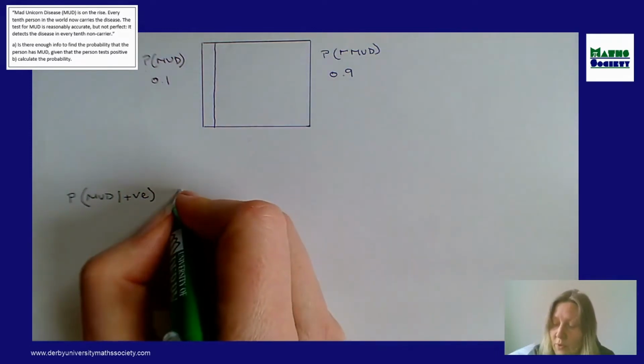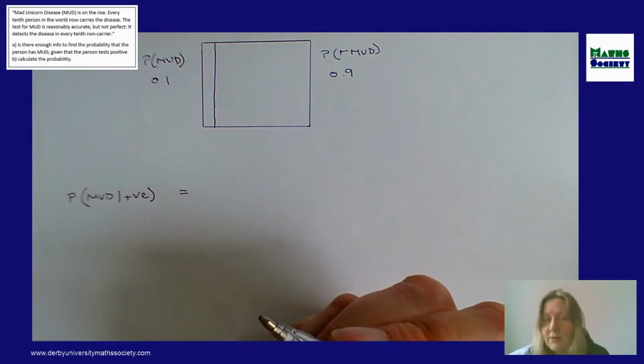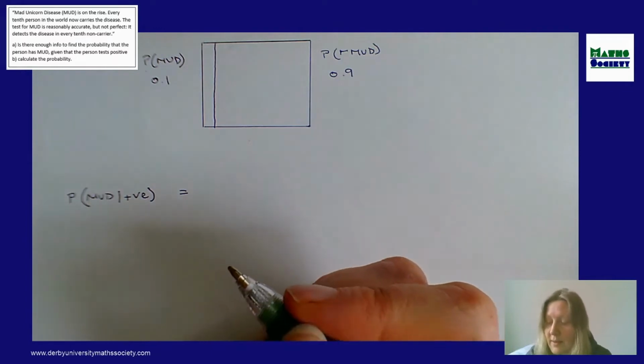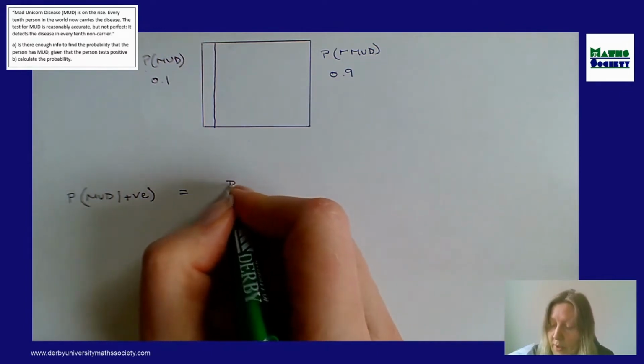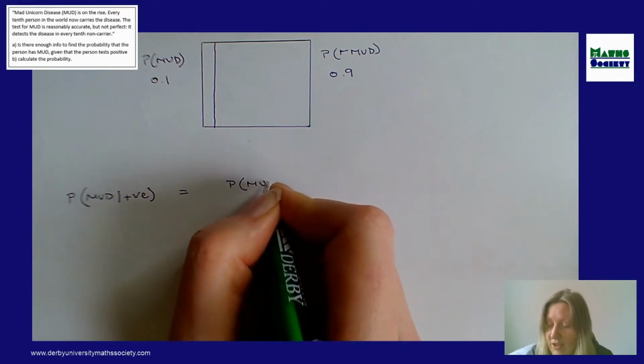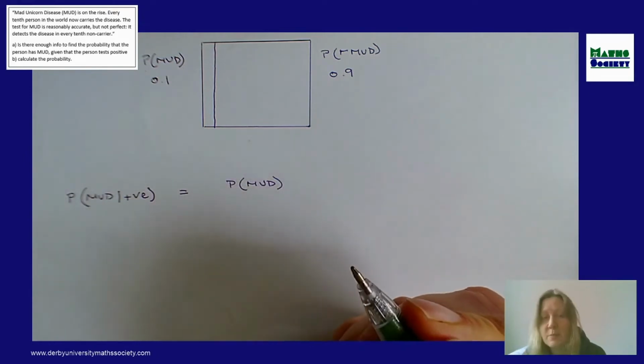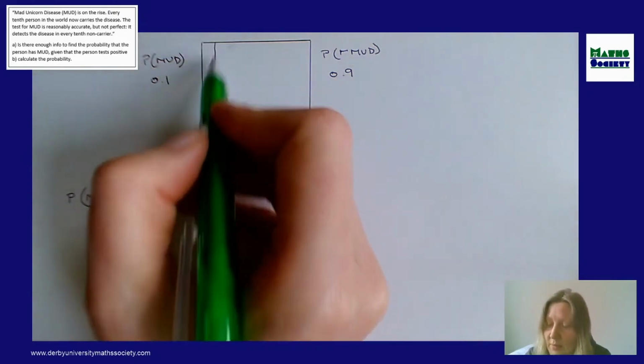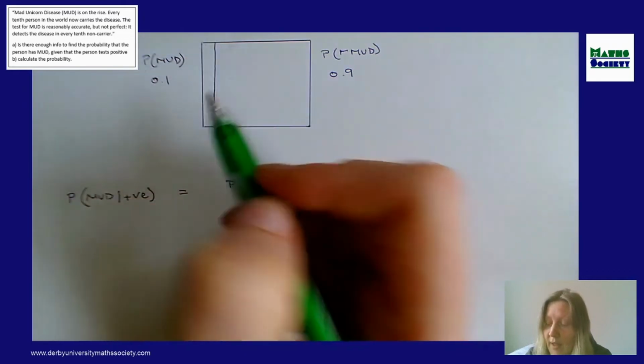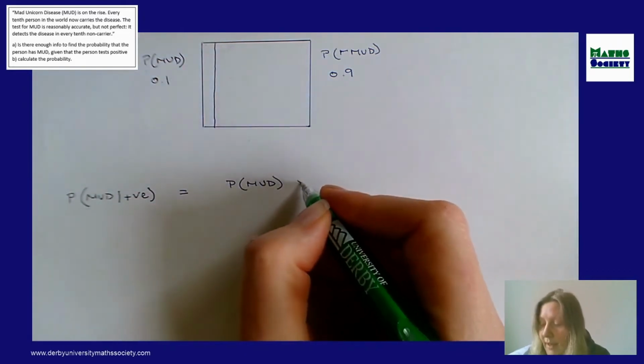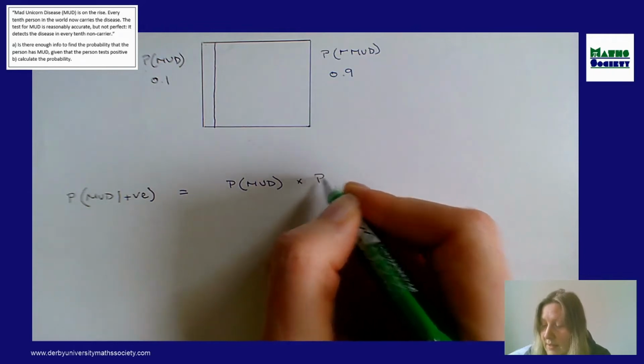So first of all, I'm going to ask how sensitive the test is. Just think of probabilities as percentages. For all the people that have the disease, so I'm looking at that box there, I want to know how sensitive the test is.